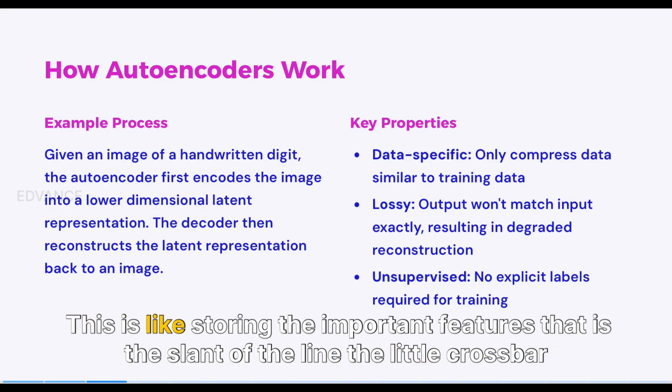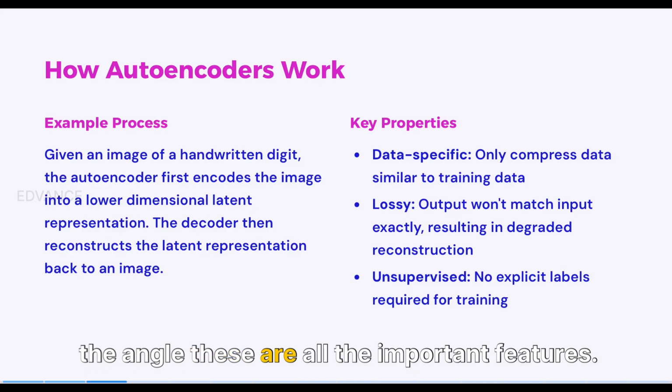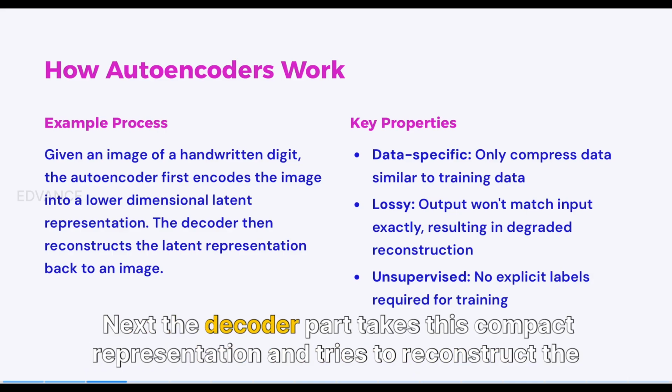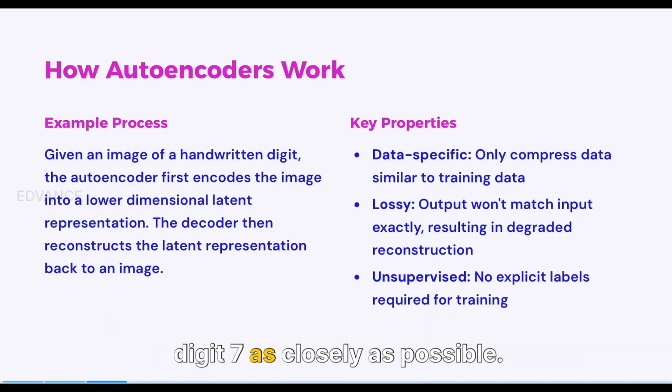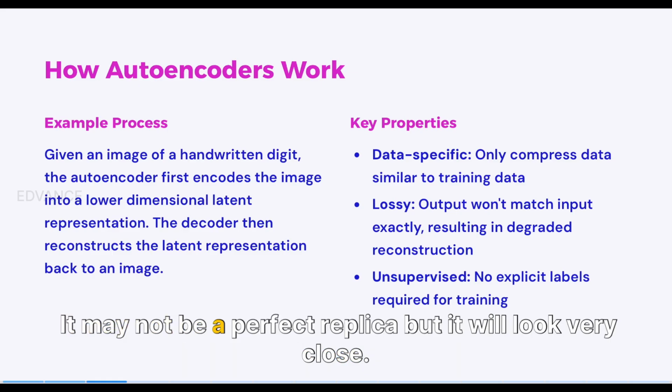This is like storing the important features, that is the slant of the line, the little crossbar, the angle. These are all the important features. Next, the decoder part takes this compact representation and tries to reconstruct the digit 7 as closely as possible. It may not be a perfect replica, but it will look very close.